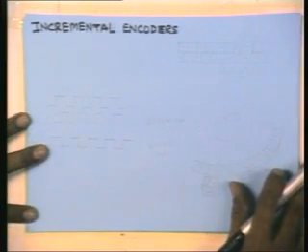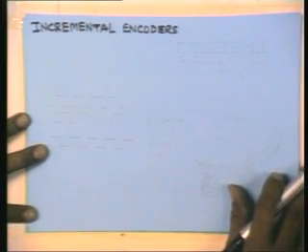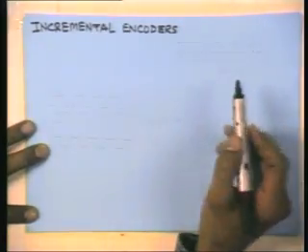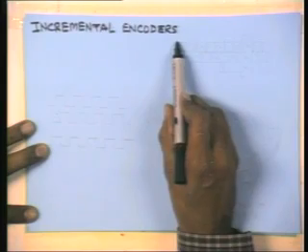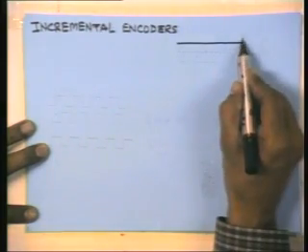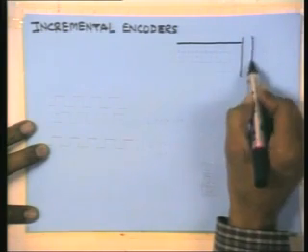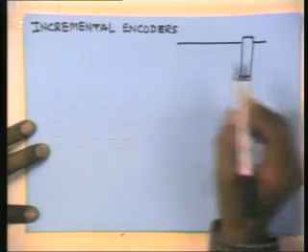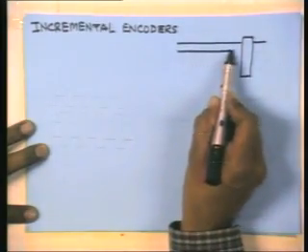The basic idea in an incremental encoder is that we do have different tracks of pattern, let me draw them for you here. Once again, we will have some sensors, so I am putting some space for the sensors. I am covering the track.